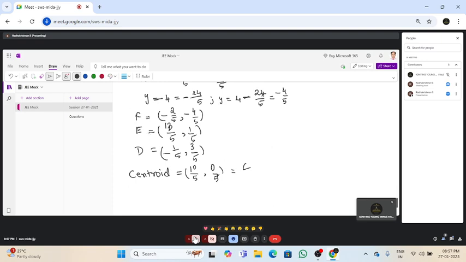Oh, so we have to divide by 3. Average means add all the 3 and then divide by 3. So we can put 1 by 3 here. So 1 by 3 into 2, that is 2 by 3 comma 0. So this is the coordinate of centroid, 2 by 3 comma 0.